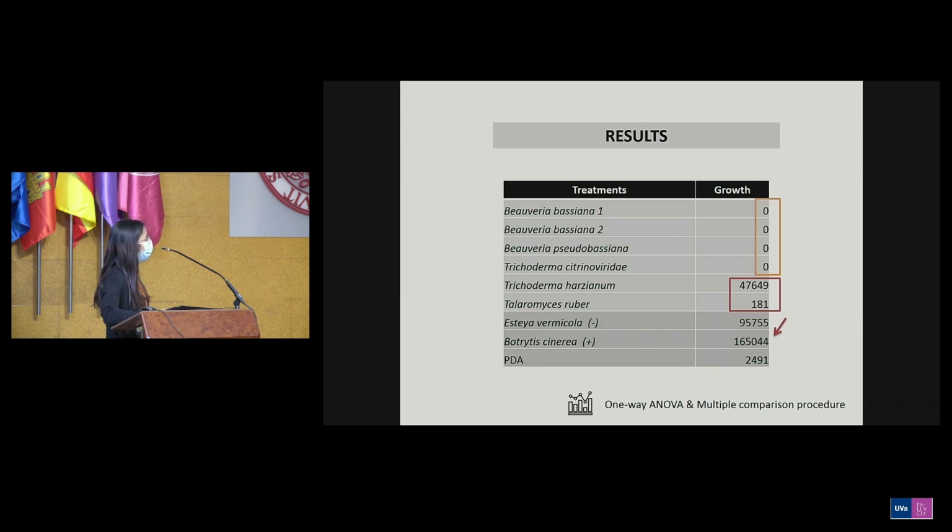An important point to remark here is that we got an unexpected result with Esteya vermicola that was supposed to be a nematophagous fungi, but the growth is actually high, and it could be due to the absence of this kind of spores, that was lunate spores, which are the structures responsible of trapping the nematode.